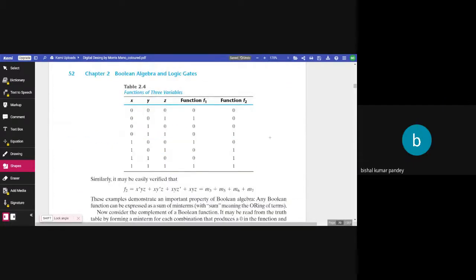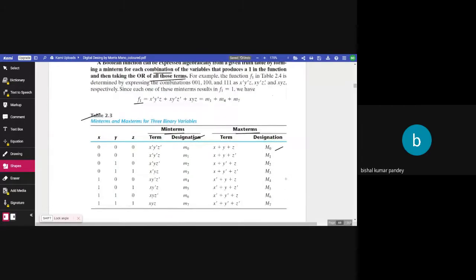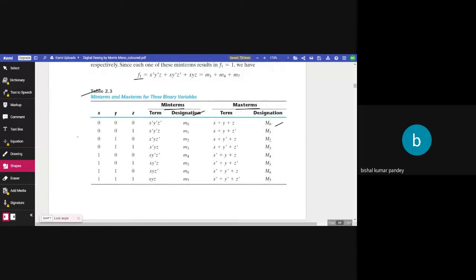Excuse me, sir, I have a doubt on the previous page. For the designation, in the book it's written M2 for X0, Y1, and Z0.